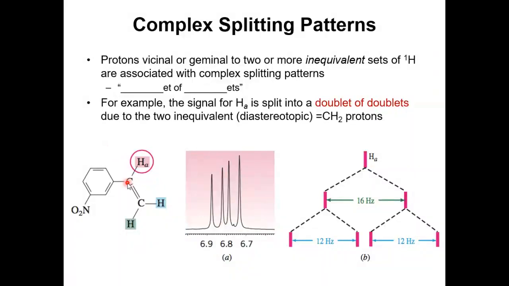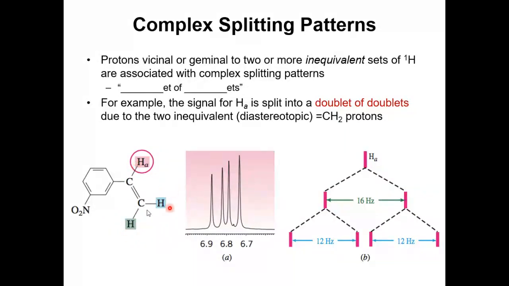So this proton splits the HA signal into 2 lines, and then each of those lines will be split by the other proton into 2 lines. You apply the n+1 rule twice. This one, 1 plus 1, splits into 2 lines.